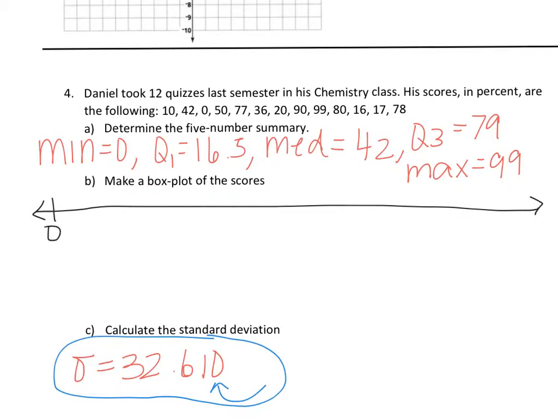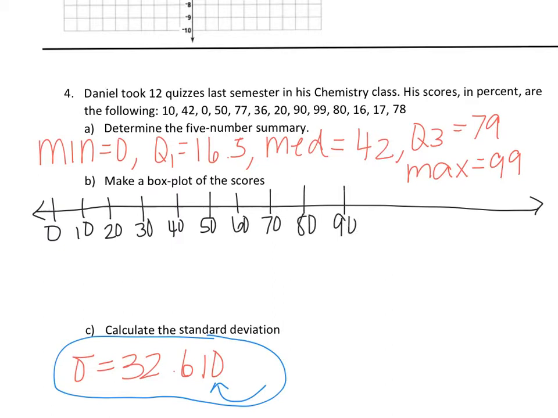So I will probably just start at 0 and go all the way to 100. If your range is so huge like this, you don't have to go by ones. Don't spend your entire hour building a number line. And so there's my number line from 0 to 100.